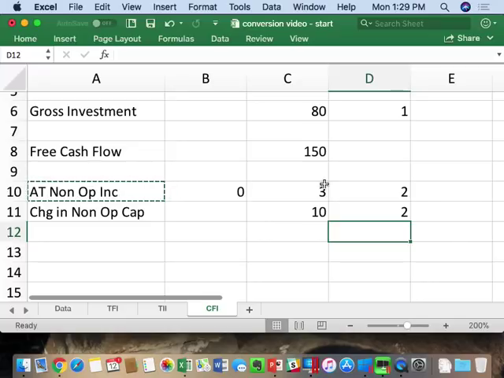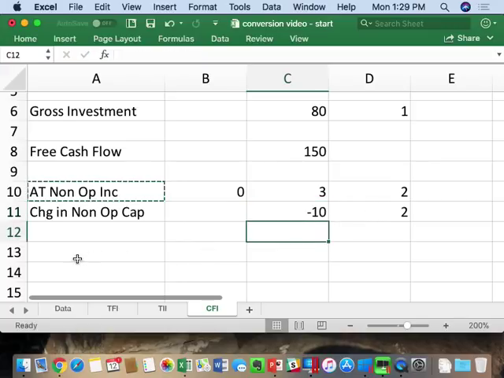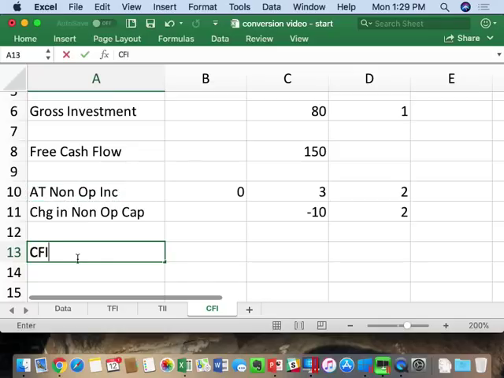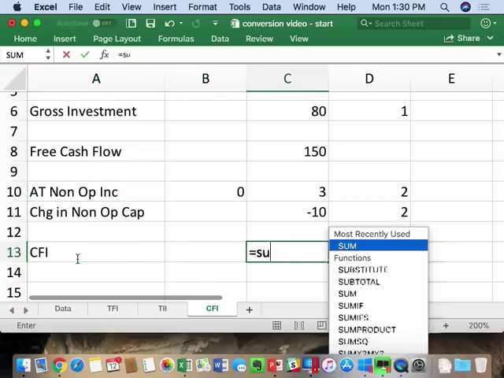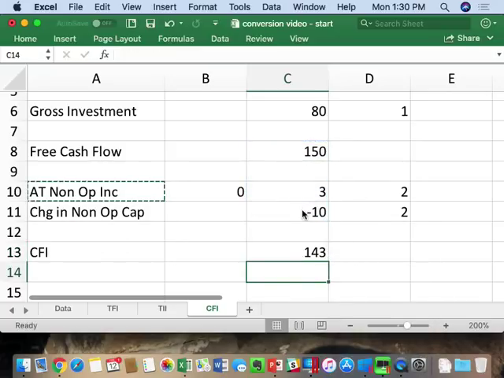If I increase my purchase of non-operating assets by $10 million, does that add to the cash flow available, or does that take away? Takes away, so this is going to be a negative. This is what I mean by using common sense to think through the signs. So my CFI is going to be the sum of these three line items, 143.